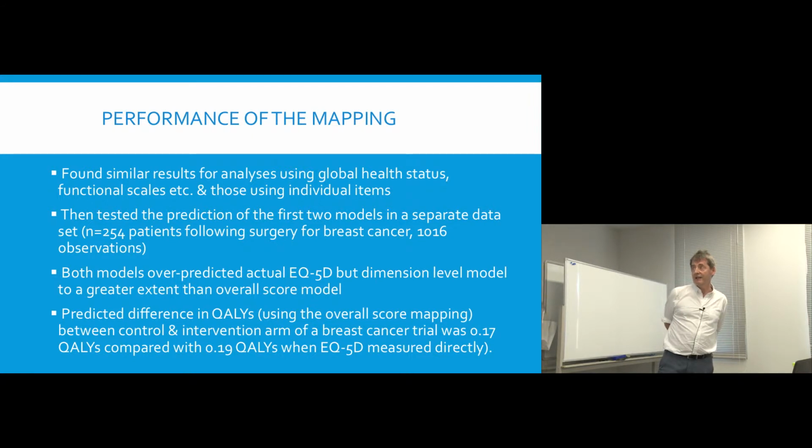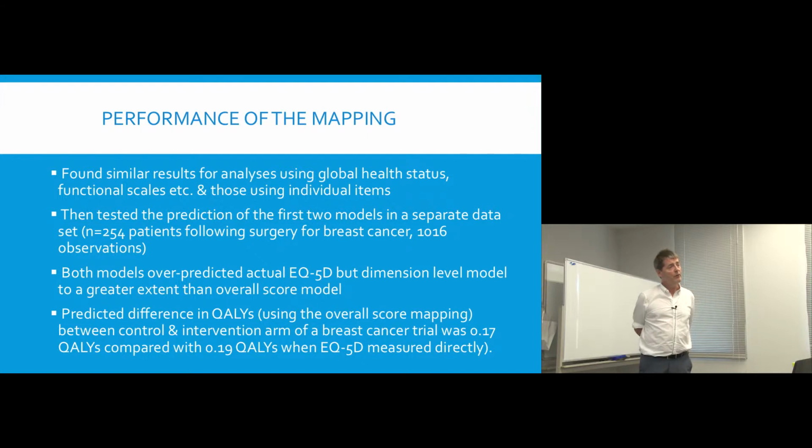They then tested the predictions in the first two models in a separate set of data. So they had data for about 250 patients who'd had surgery for breast cancer. And again, they had about 4 observations per patient over time.